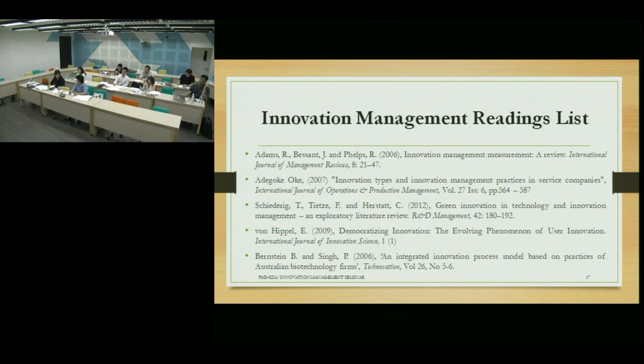So we also have the environment. So the quadruple helix plus environment gives us the quintuple helix.